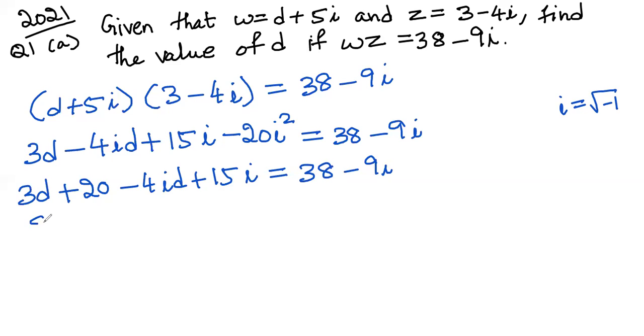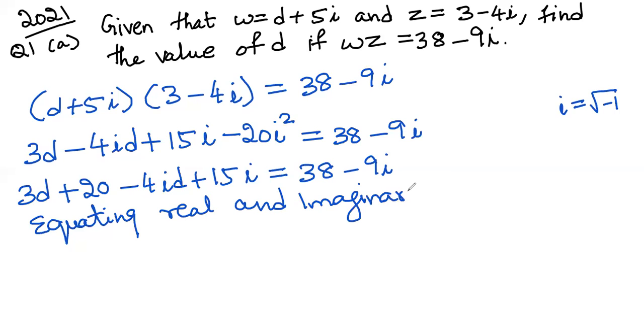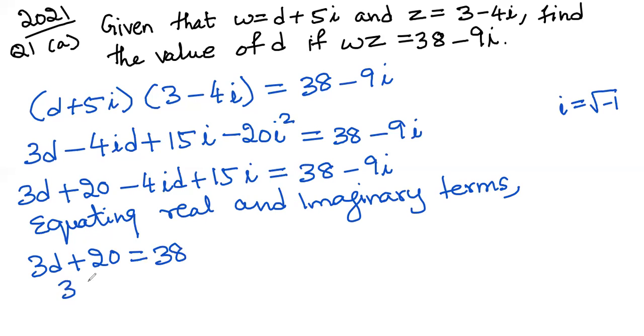So again, we have to equate real terms and imaginary terms. When we equate the real terms, we get 3d plus 20 equal to 38. So 3d equal to 38 minus 20, 3d equal to 18, or d is equal to 6.